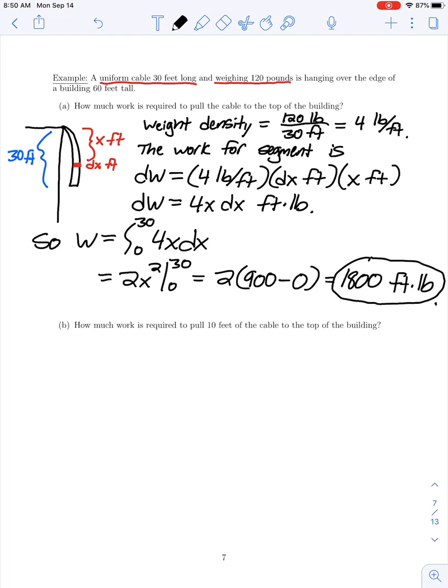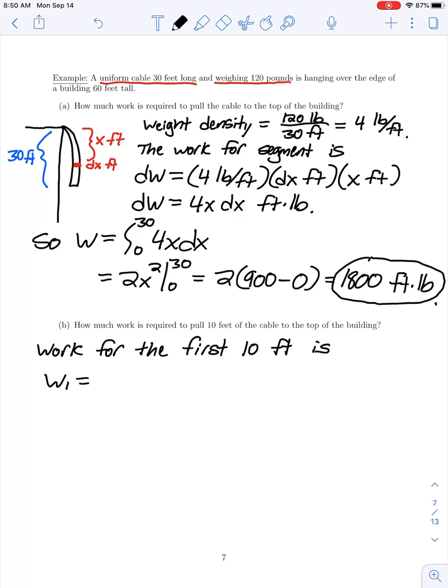Now, in part B, we asked the question, how much work is required to pull 10 feet of this cable to the top of the building? So let's start here. Using the same sort of notation that we were using in part A, we can say the work for the first 10 feet is given by, let me call it W1.